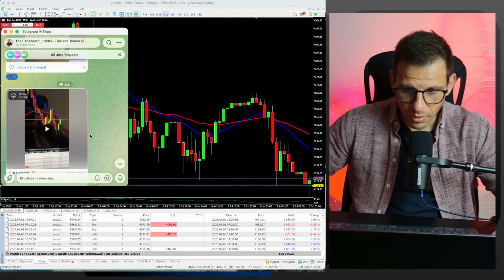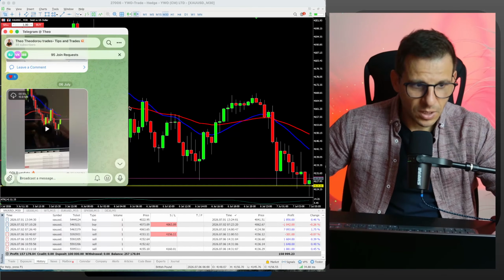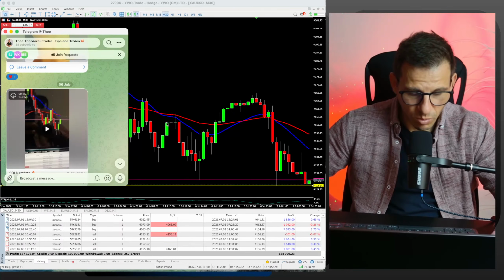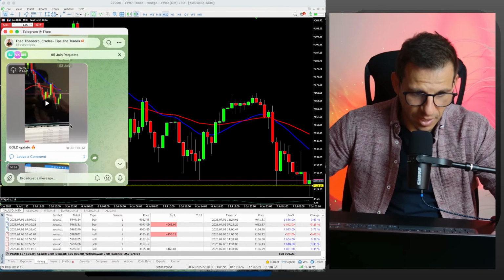So on gold, the price was going down, and I called that I'm watching specifically the level here. See, this is the doji candlestick, that's the second candle. I said I'm watching specifically here because if you put Fibonacci, everything aligns perfectly at this level. That was the 30-minute time frame.